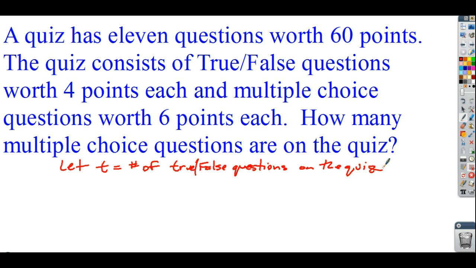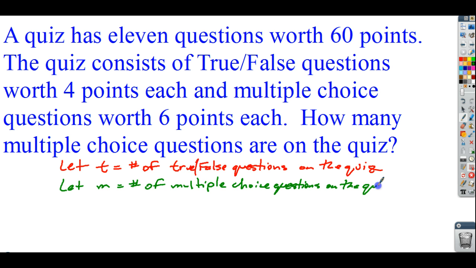Okay, and then I'm going to let m equal the number of multiple choice questions on the quiz.